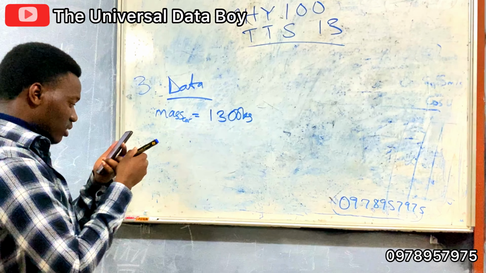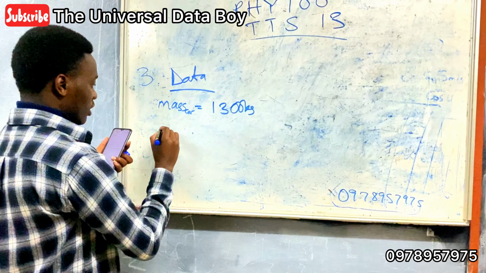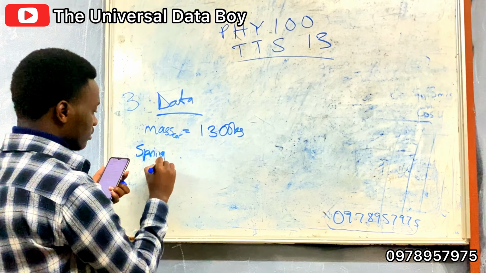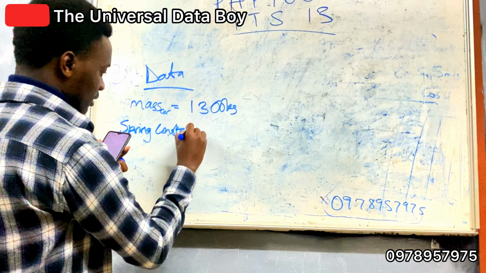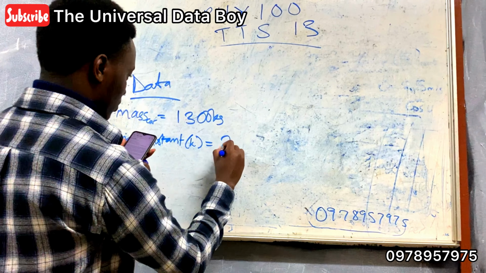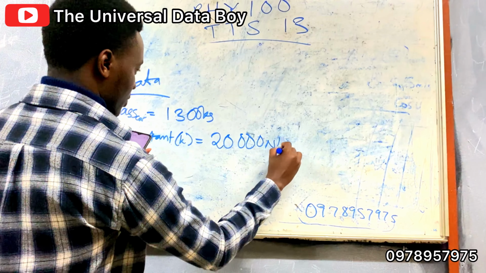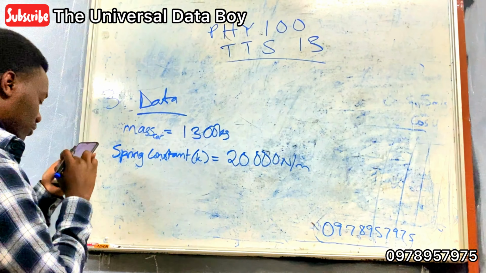Each spring has a force constant of 2,000 newtons per meter. So now I've got the spring constant, K, being equal to 2,000 newtons per meter, and then I've got 2 people of combined mass.